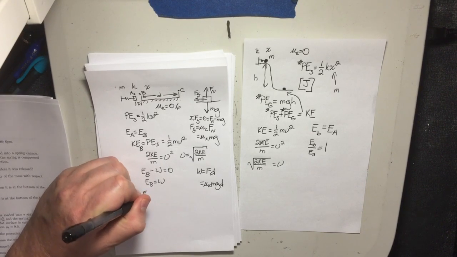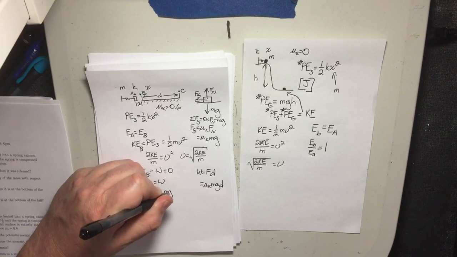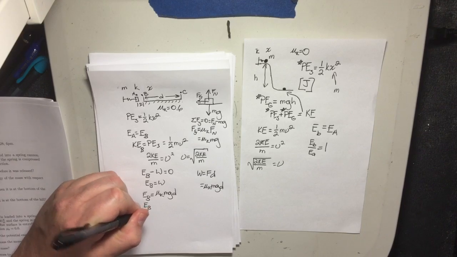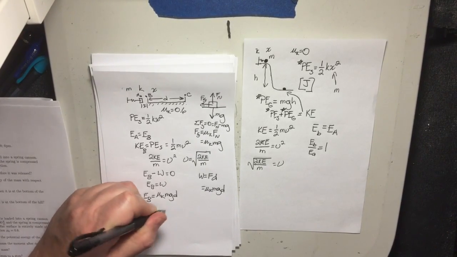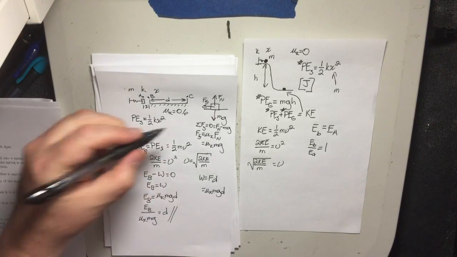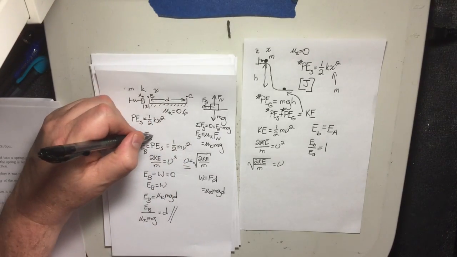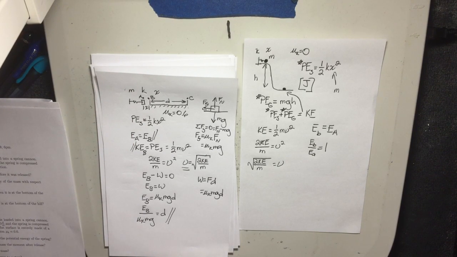So EB is equal to mu sub k mg d. So EB divided by mu sub k mg is equal to d. And so those are the answers that I'm looking for.